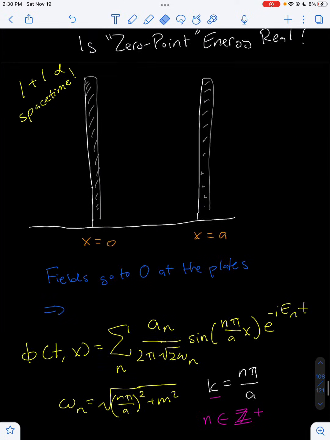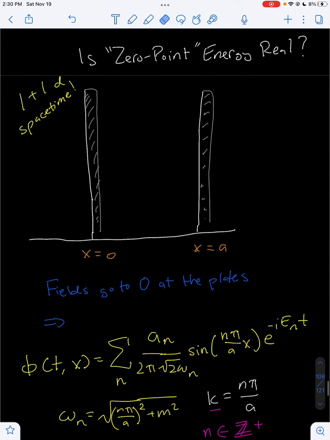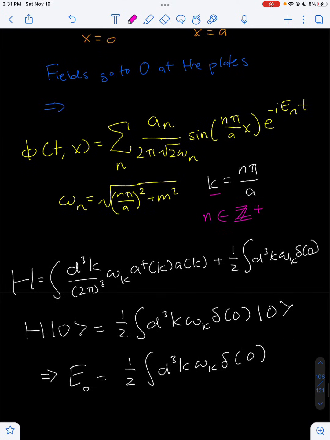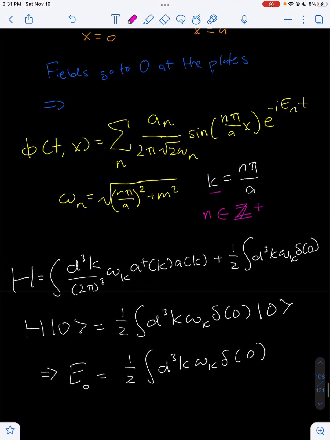So now what we have to do is apply these concepts to the Hamiltonian. Here is our Hamiltonian in general for a free real scalar field. By multiplying the Hamiltonian by the vacuum state, we get this over here, because this is just the number operator, right? And when that acts on the vacuum state, we get 0.